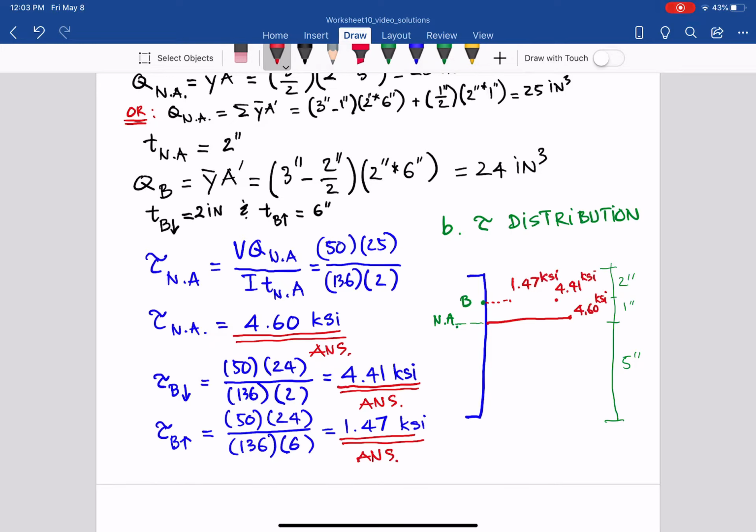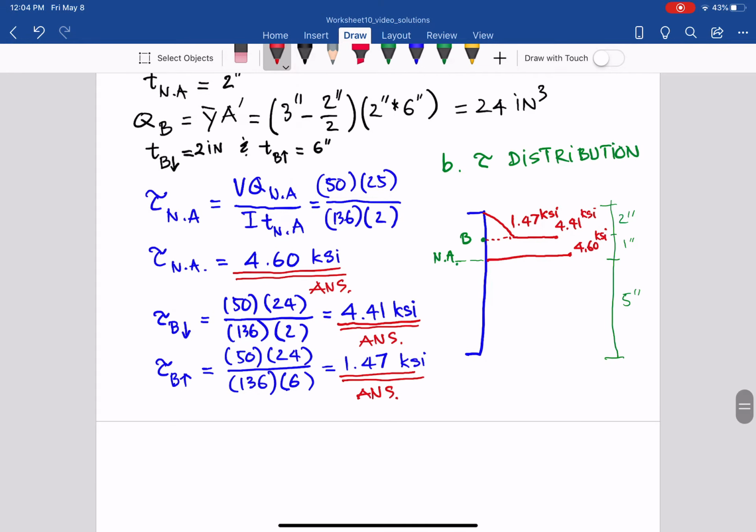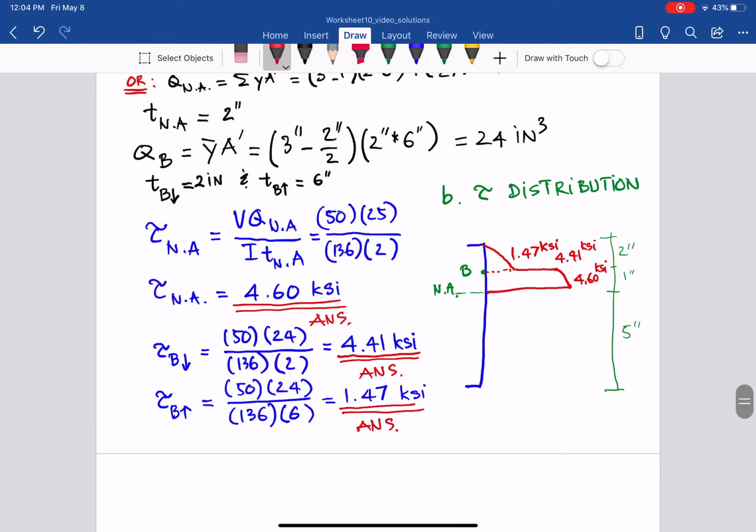So how can we draw it? Parabolic. So it will be here, parabolic from there to there. And then it has the discontinuity in the shear stress. And again, it continues with the parabolic in there. And for the lower part, there is no flange, so it will be continuous, and it's still parabolic.